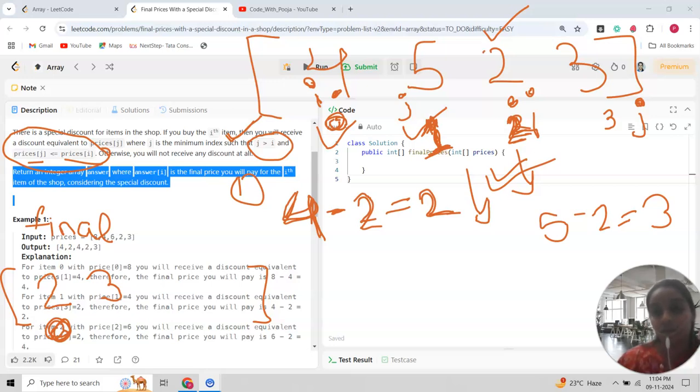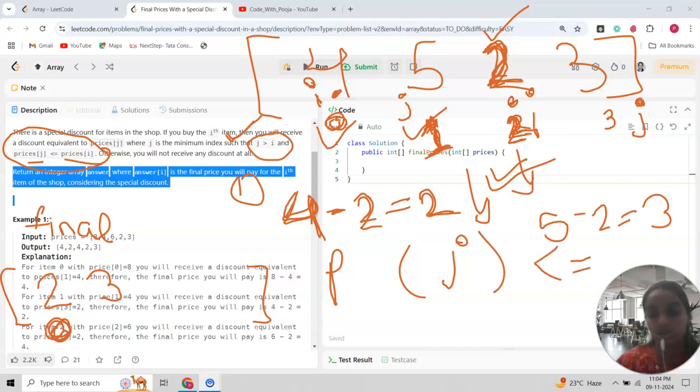And if it happens that it is a last element, and when we are moving forward with the array there is no such element found whose price is less than the price of the particular ith element, what will happen? If such a case is not found, the price of j is less than or equal to price of i, then it will return the same price, which is here.